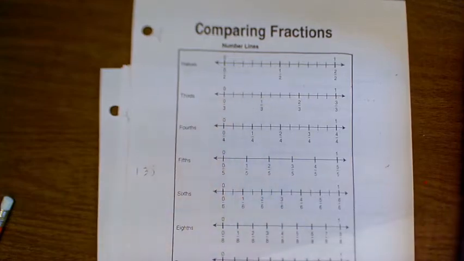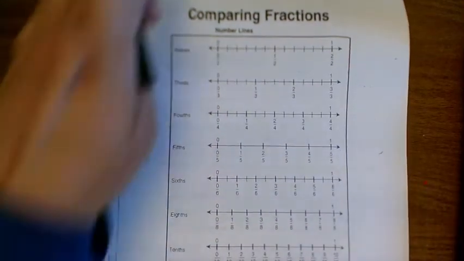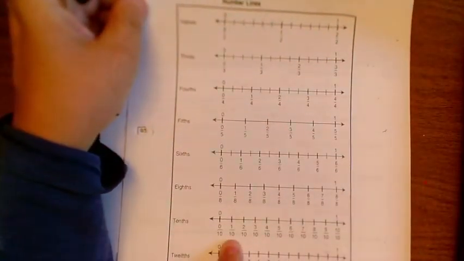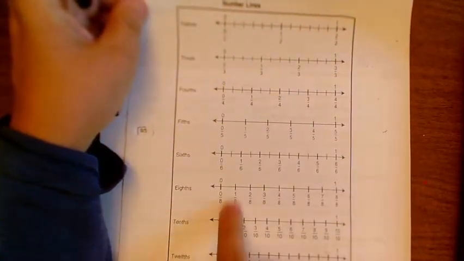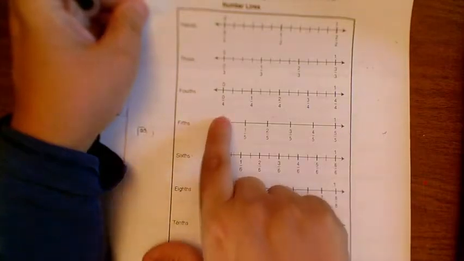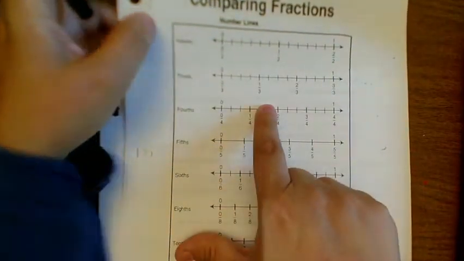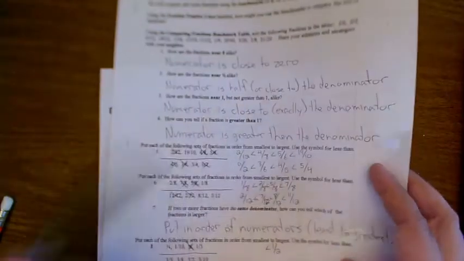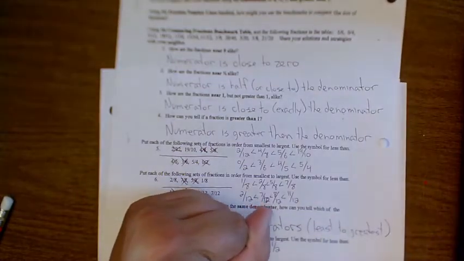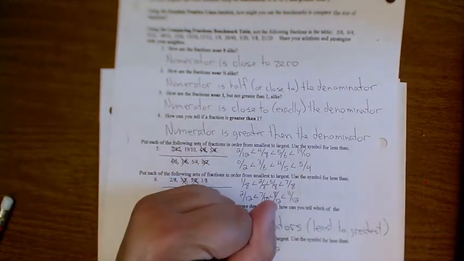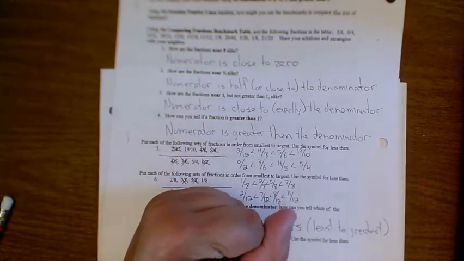Those pieces are going to be much larger. So we can see by comparing on this number line that the tenth will be the smallest. It is furthest to the left on the number line, followed by a fourth, followed by a third. So a tenth is less than a fourth, which is less than a third.